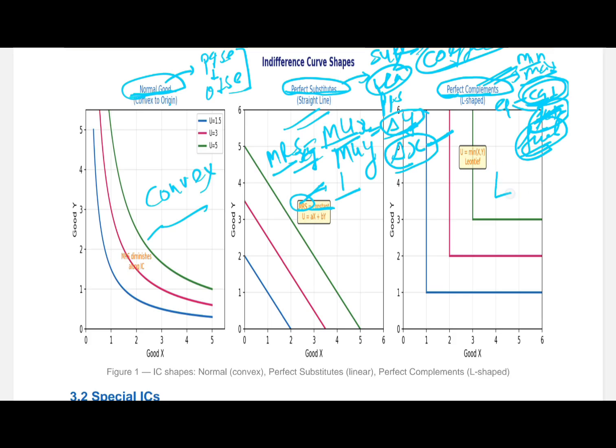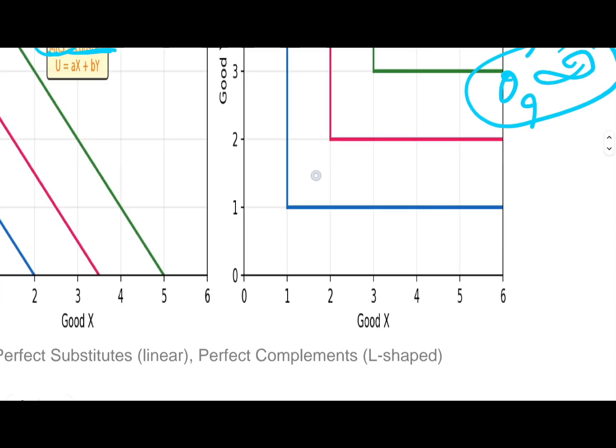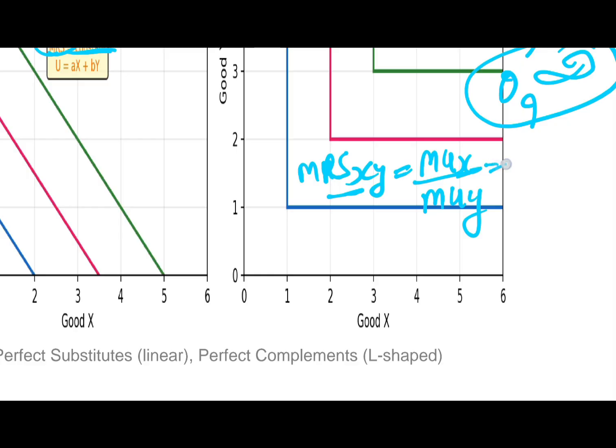It is L shaped. MRS can be 0 or it can be infinity. It can be both. How can it be both? Let's see that. Suppose MRS XY means marginal utility of X upon marginal utility of Y. So marginal utility of X increases by 3, but marginal utility of Y does not change.